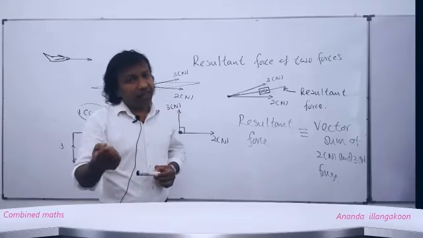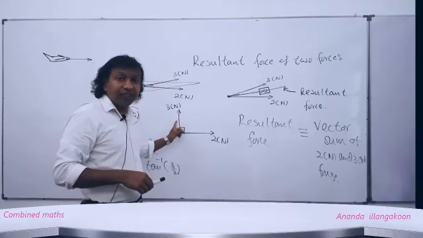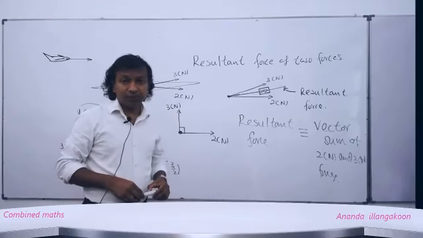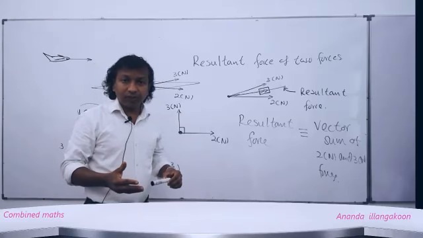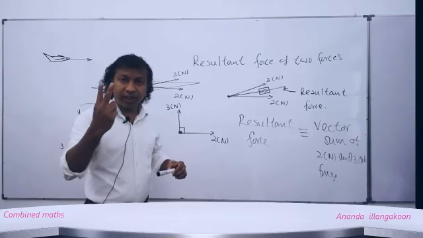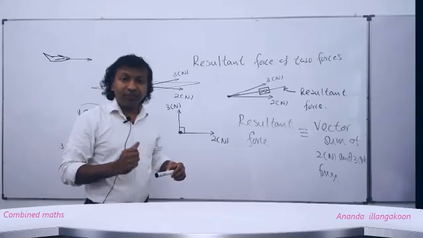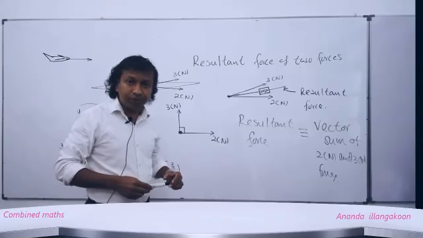In finding that resultant velocity, again, this method here we can use. So to find the resultant of any two vectors, we can use this method, the parallelogram law.